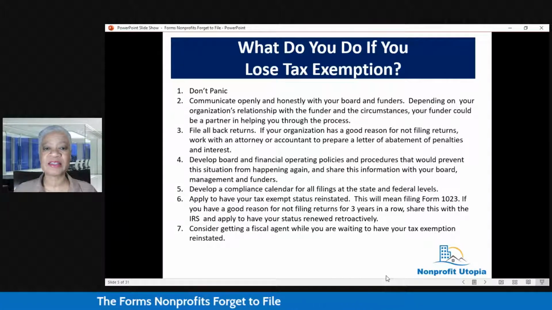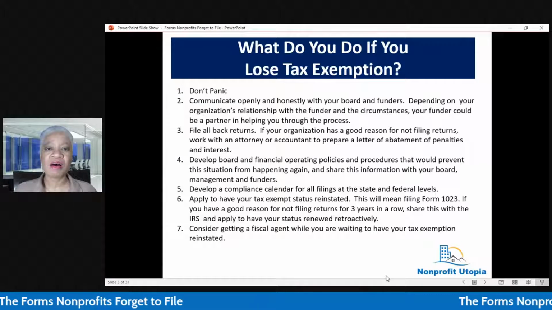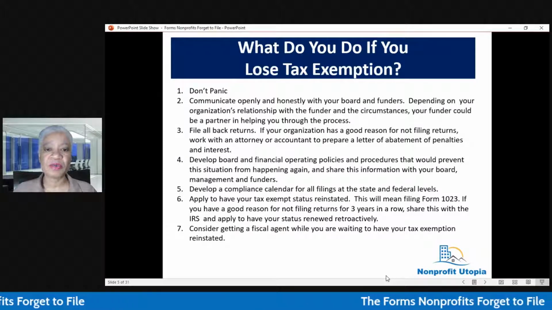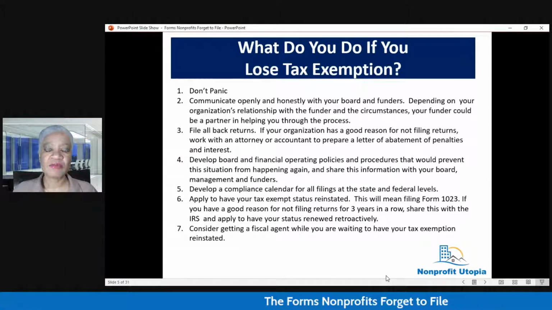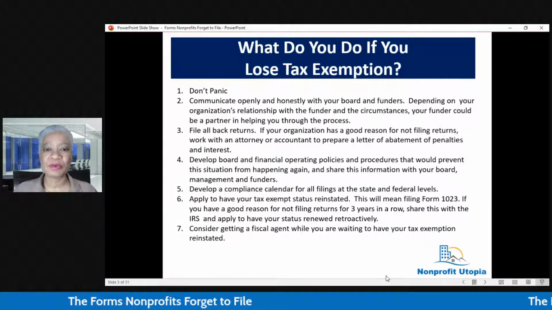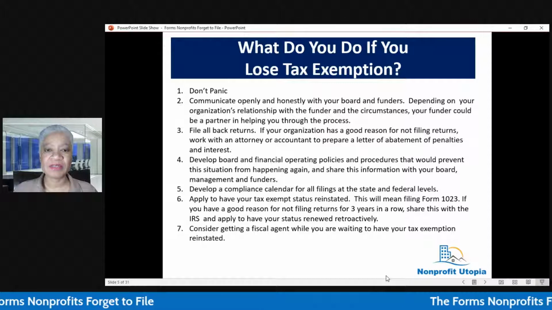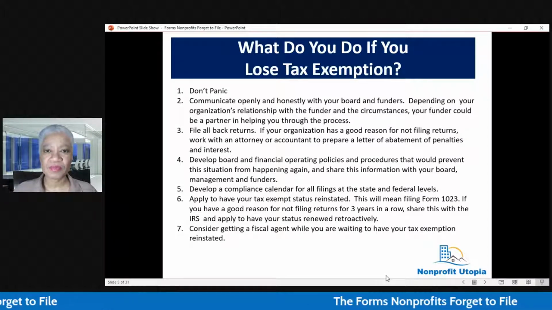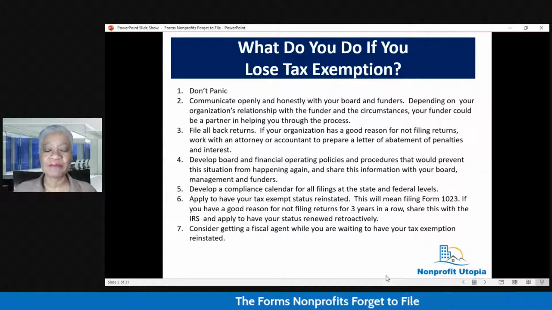Some organizations decide just to go out of business altogether rather than go through this process all over again, because when you lose your tax exempt status, you really have to file a new application for tax exempt status. And when you do that, you also have to file all of your back returns.